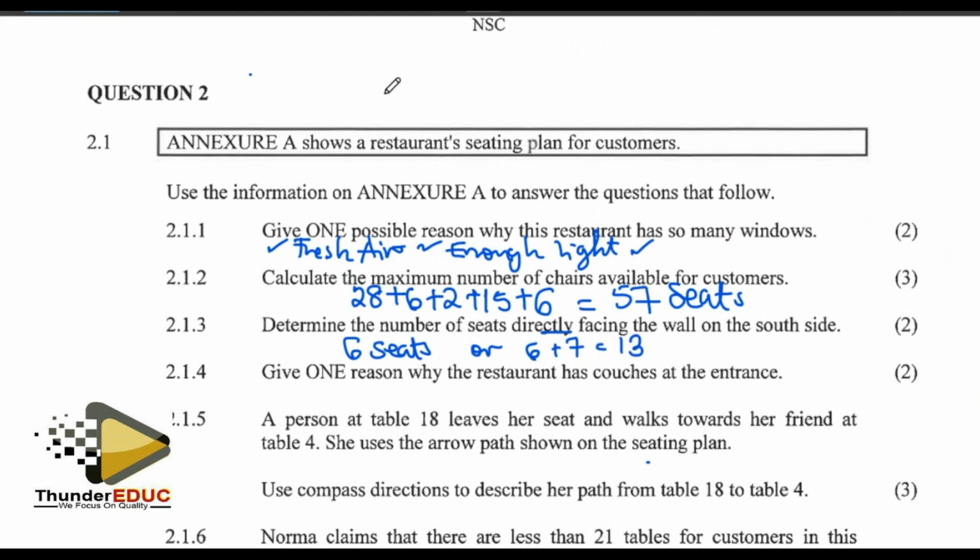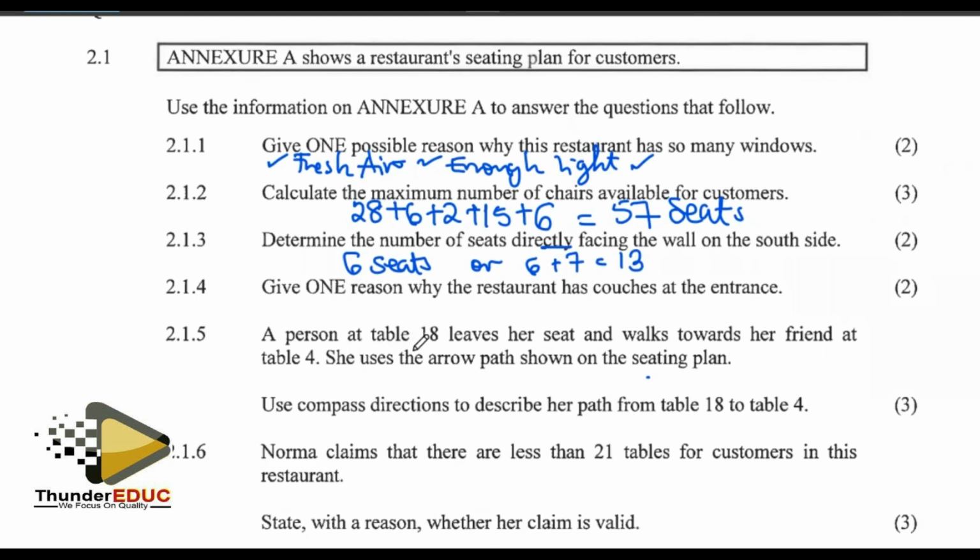All right, let's give one reason why the restaurant has couches at the entrance. Definitely the couches will be used by those who are waiting for takeaways, I believe. Not for customers waiting for their orders to stand in the queue. It confuses. For example, if you go to KFC and you find people waiting to collect, they will be lining up as well as those waiting to order.